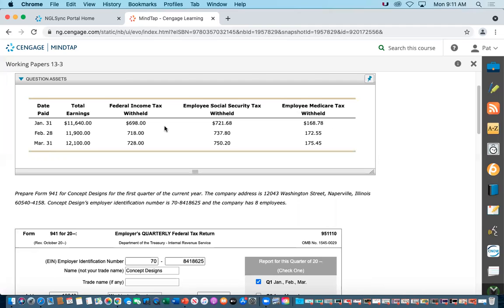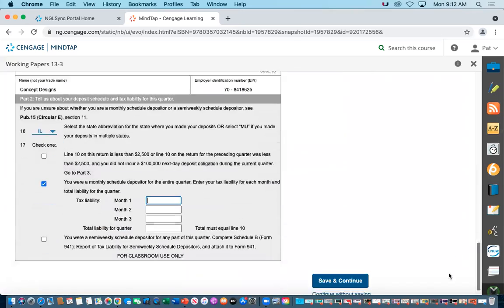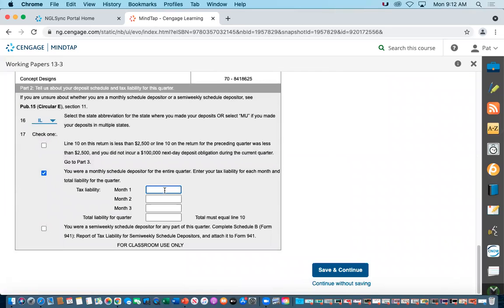Then you add 1,443.36 plus this number times 2, which is 337.56, and then you add it to the 698 that you withhold, and that number is 2,478.92. So if you wanted me to type it out, I can type it out for you.